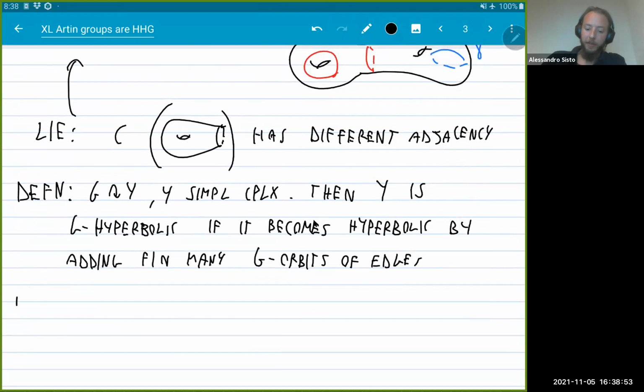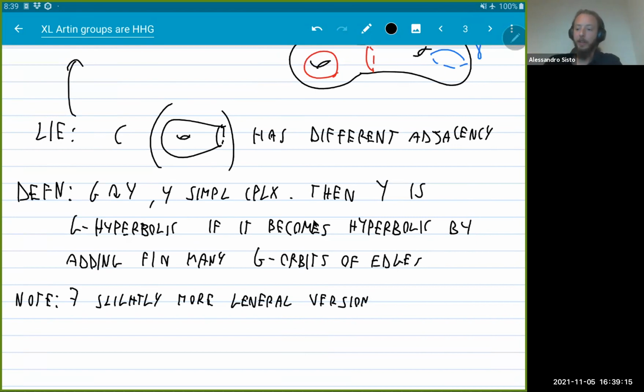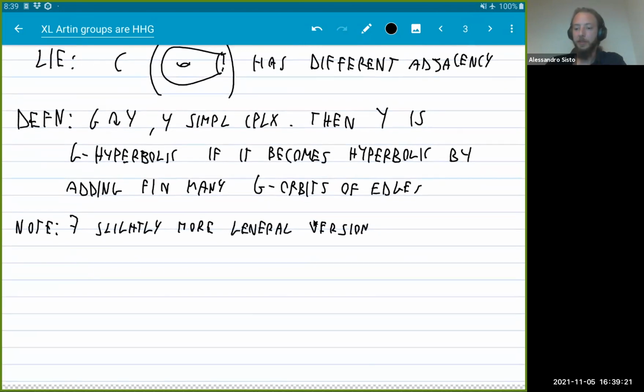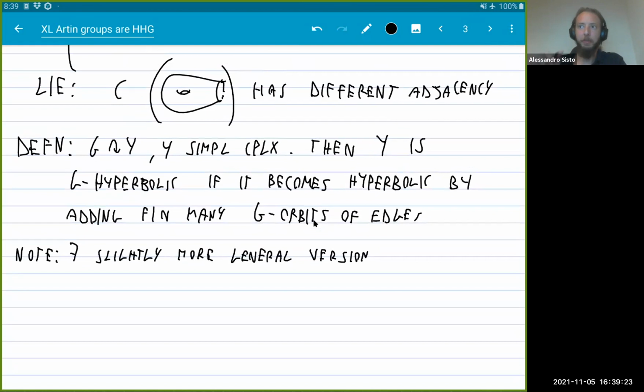note there exists a slightly more general version, which you might need. It's the same style, but that exact version actually is used to cover at least one example, but it will not be exactly the one that's needed for Artin groups, even though it just barely fails that particular one.